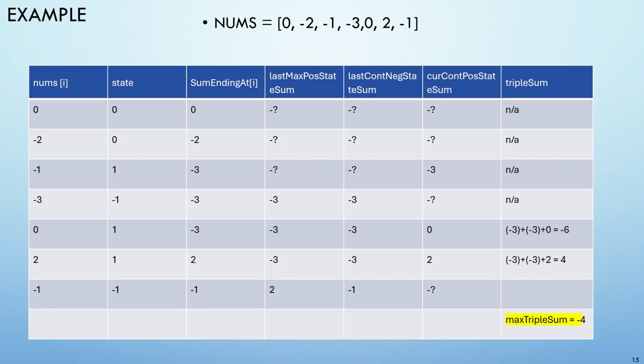So while iterating over all the elements, we'll maintain another variable, which is the maximum triple sum. That would be the maximum of all the triple sums at each index. And as you can see, maximum of all would be minus 4.